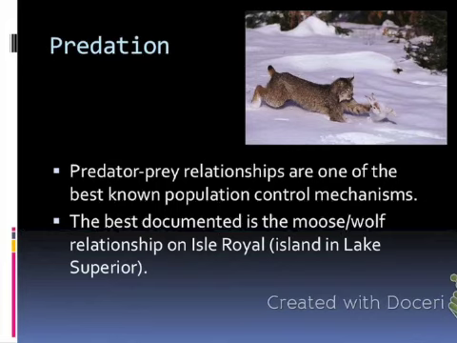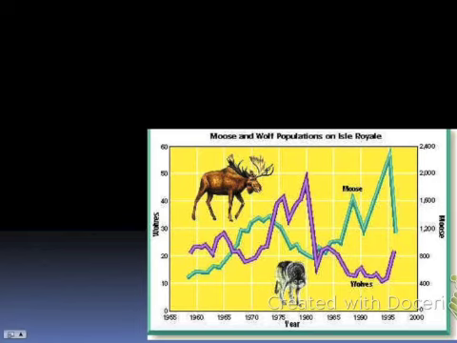One of the best documented examples is the moose-wolf relationship on Isle Royale, which is an island in Lake Superior. On that island you have moose and wolves in a kind of enclosed environment.